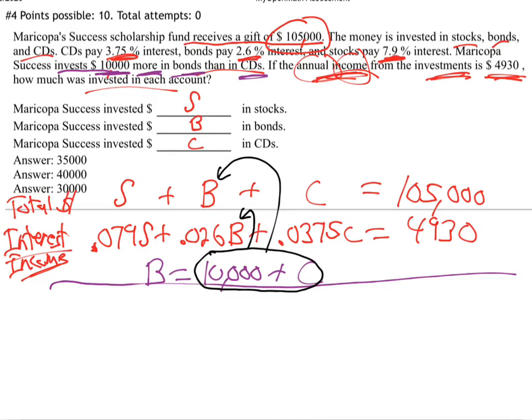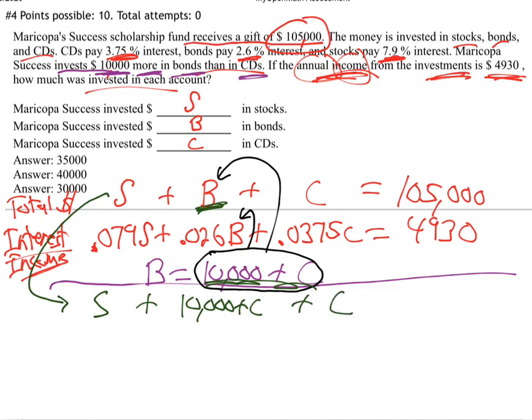Bring down that first equation: S plus, but when we come to B, instead we'll plug in 10,000 plus C, plus C equals 105,000.